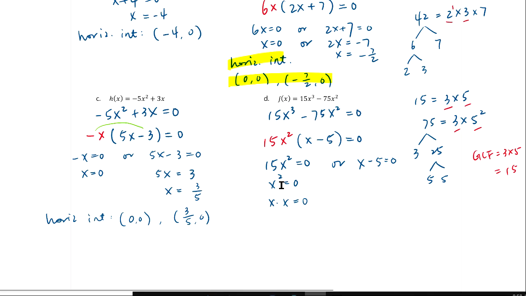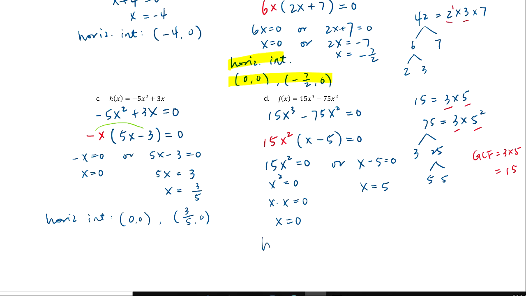Alternatively, if you know the square root idea we have, if we want to find some number that multiplied by itself is giving us 0, the only number that we can have will be 0 as a result. So we would just have x is equal to 0. Whichever method you use, you will have that result. Alternatively, we can have x is equal to positive 5 for the other option.